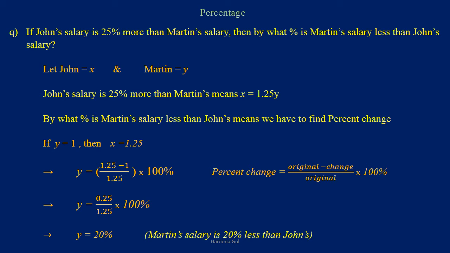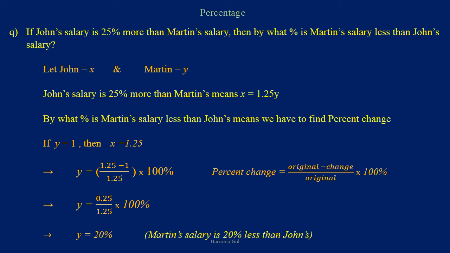So if we put the numbers in the equation, what we're going to get is 20%, which means that Martin's salary is 20% less than John's. They're asking that what percent is Martin's salary less than John's salary.